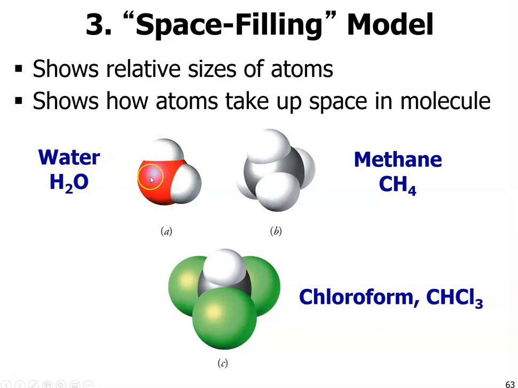On the left, we have oxygen and two hydrogens. That's water. On the right, like the last slide with the ball and stick forms, we have methane: one carbon in the middle and four hydrogens on the outside. And then chloroform, where we swapped three of those hydrogens with three chlorine atoms.